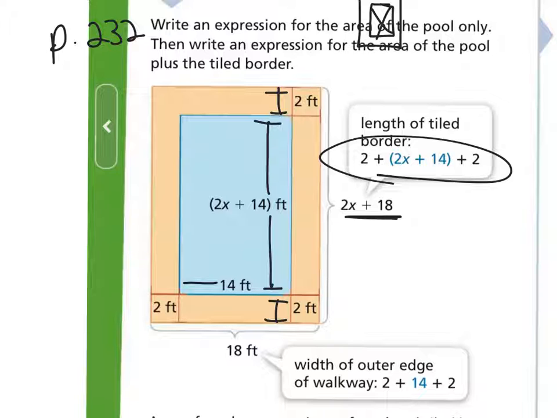Going across, the width is 14, and then we add a 2 and another 2, which gives us 18 as the width. So 2x plus 18 by 18 are the dimensions of the whole thing.